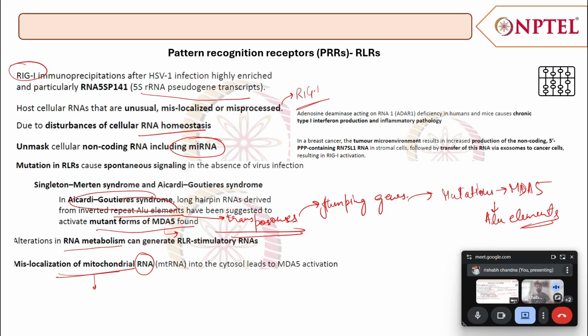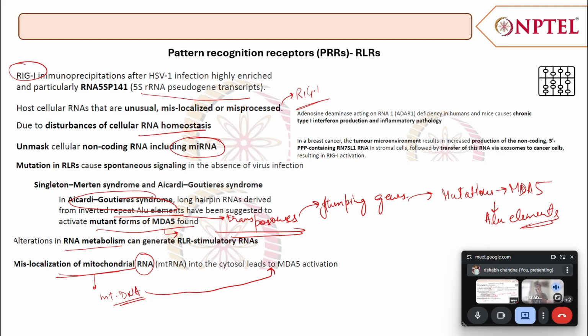So that's why the mitochondrial RNA, although it will be produced by the mitochondria present inside the cell, if its location is in the cytoplasm, then it will lead to MDA5 activation. Okay, so this is how MDA5 and RIG1 can initiate their response in the absence of an RNA virus also.